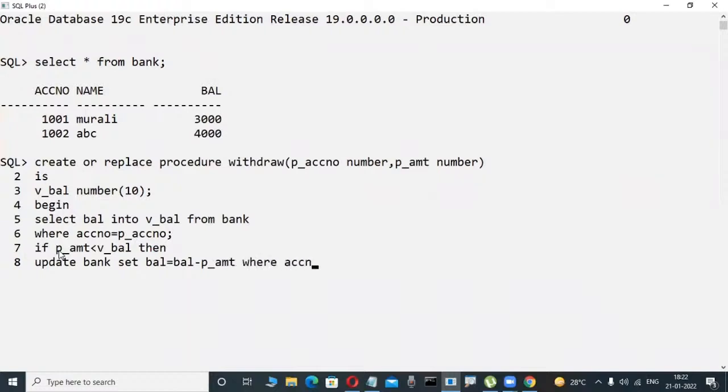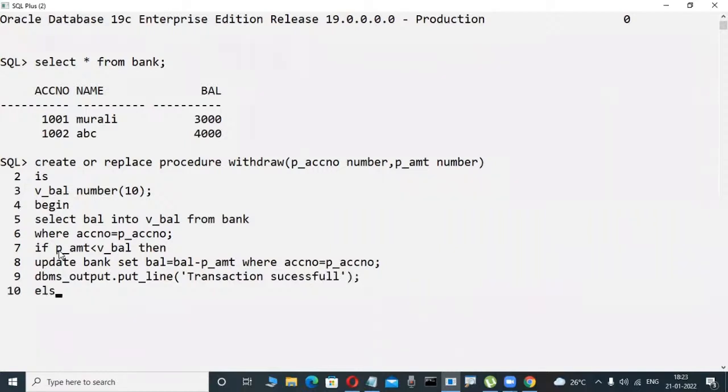Okay, fine. Now check it out. Here I am writing a message, like in Java, some messages I try to display: your transaction is successful. Don't worry about this one, just observe it here.